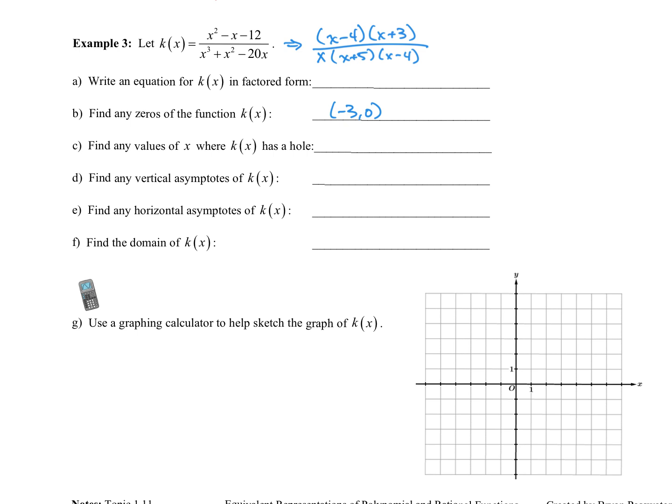At x equals 4. But I'm going to find the y value of it, so it's really 4 comma something. What is it in the numerator? 4 plus 3 is 7, and then 4 times 9 is how much? 36. So I really have a hole at 4 comma 7/36. All right, does it have any vertical asymptotes?